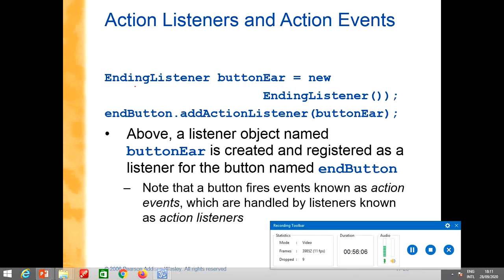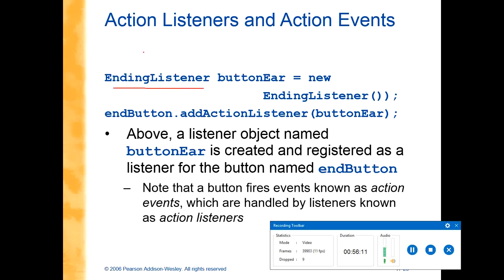Alright, so we created an object of the listener class, like I created the bListener class and its object. To the button we added the add action listener method, and we passed the object of the listener class as an argument. So above, a listener object named button here is created and registered as a listener for the button.